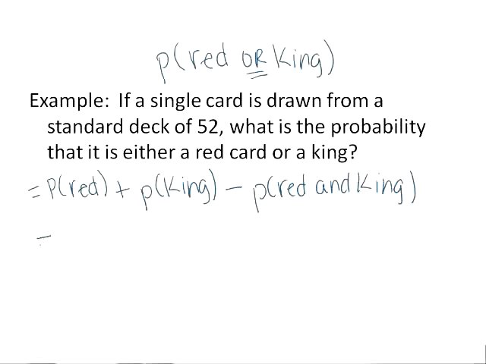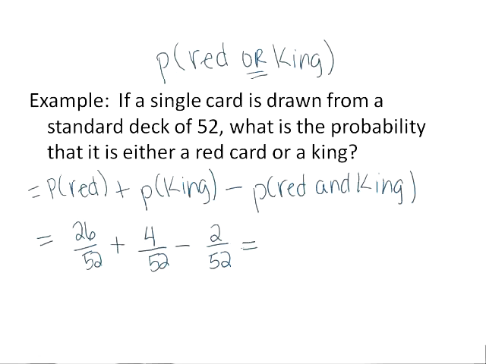So what is the probability of choosing a red card? That's 26 over 52. What's the probability of choosing a king? Well, that's 4 over 52, but how many cards in the deck are red kings? The overlap between red cards and kings, there are 2 of those.